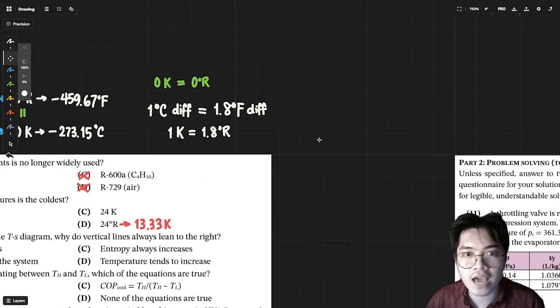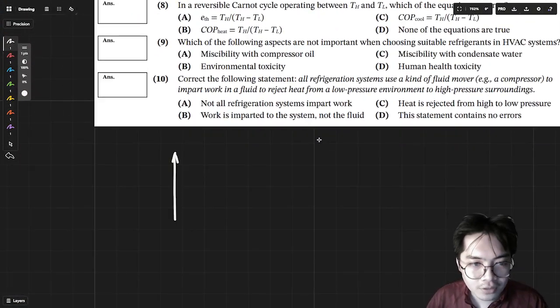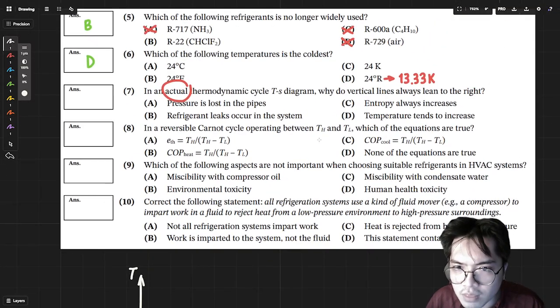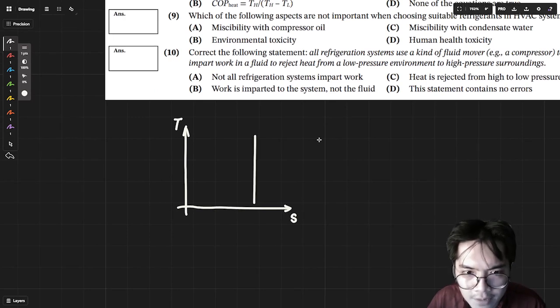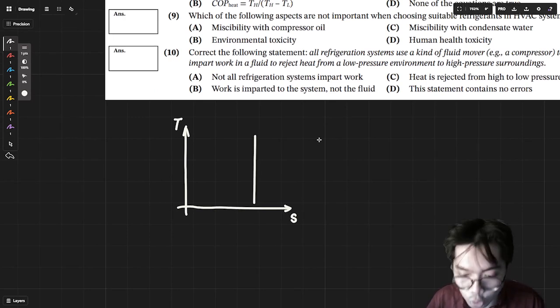And the thing about a TS diagram is that the T is the y-axis and the S is the x-axis. What do they mean when vertical lines always lean to the right? This is a vertical line. This represents what we're supposed to see as isentropic.